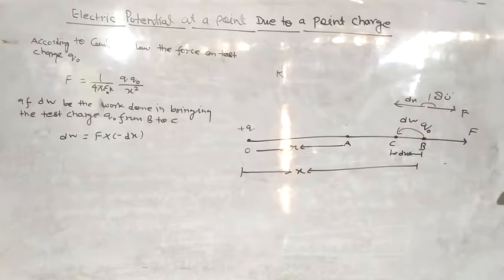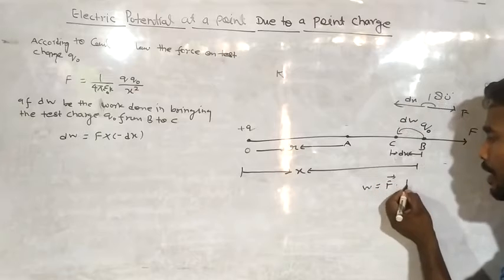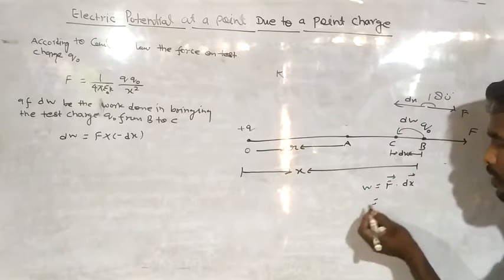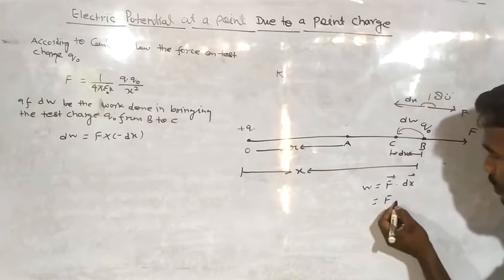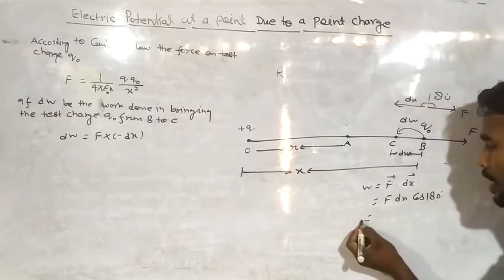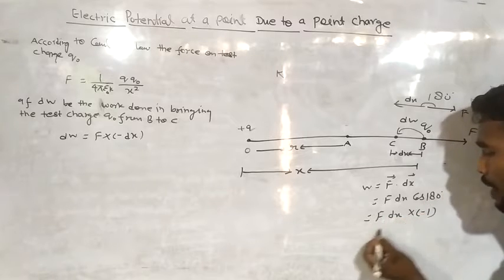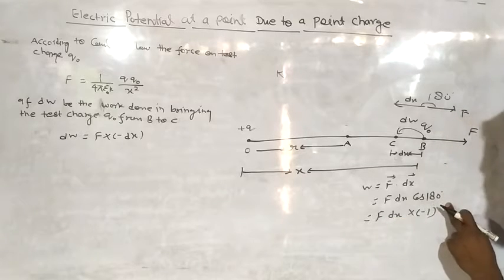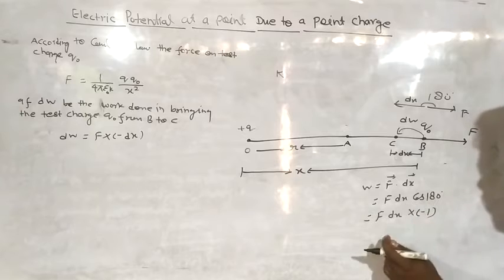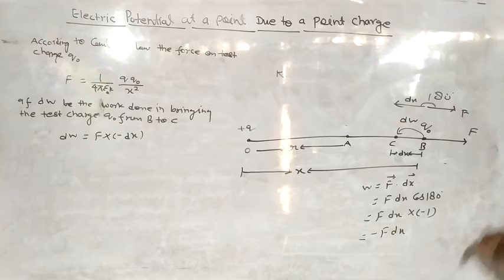If we use W equals F dot d, then we get F dx cos 180 degrees, and the value of cos 180 is minus 1. So in this manner also we can write minus F into dx.